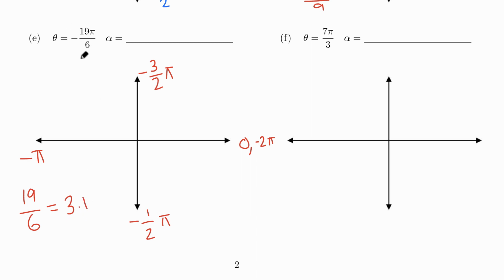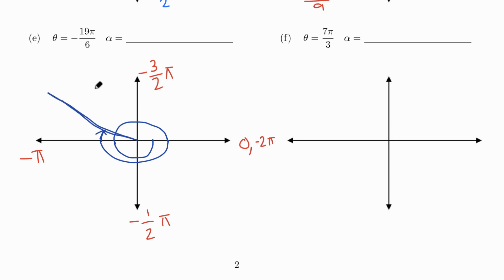So this is like negative 3.1 pi, bigger than 3 pi in terms of magnitude. So 3.1 means, let's try to go, this is negative 1 pi, negative 2 pi, negative 3 pi, a little bit more in magnitude. So this angle is negative 19 pi over 6.